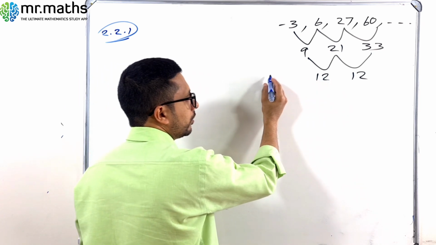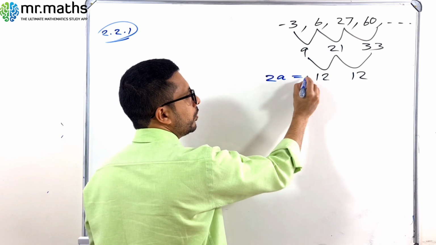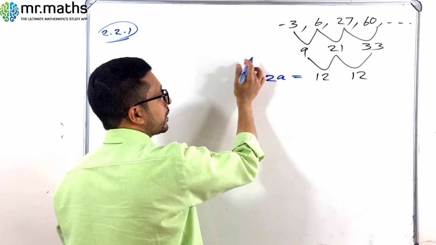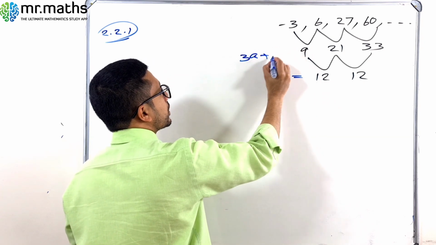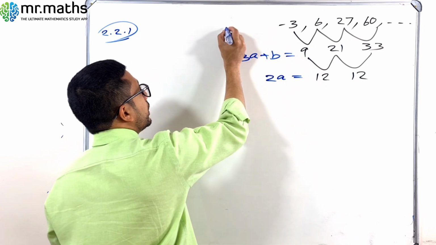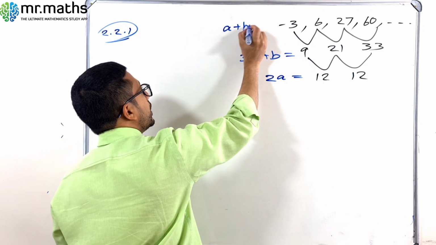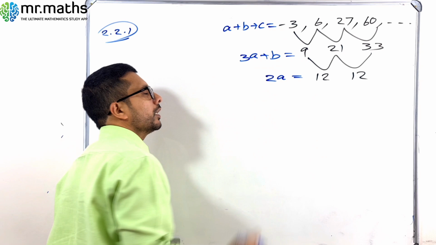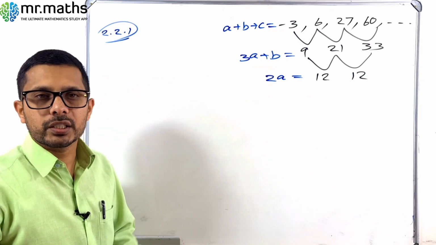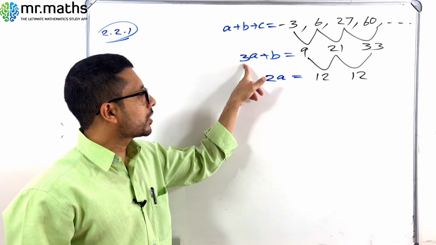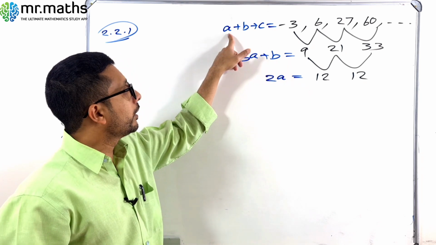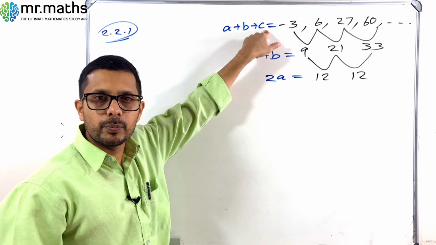The second difference you have to call 2a. Then the first difference you have to call 3a plus b. And the given sequence you have to call a plus b plus c. So that structure you have to remember. Second difference 2a, first difference 3a plus b, and the given sequence is a plus b plus c.